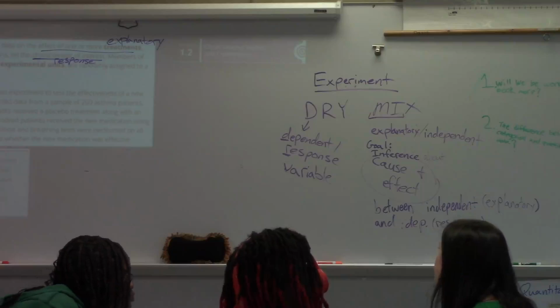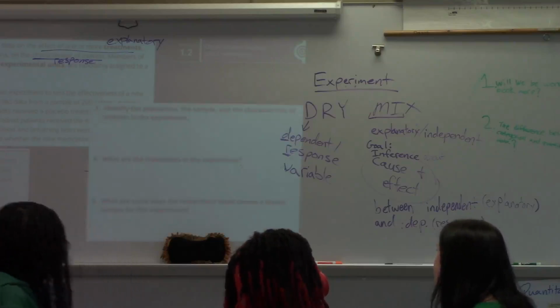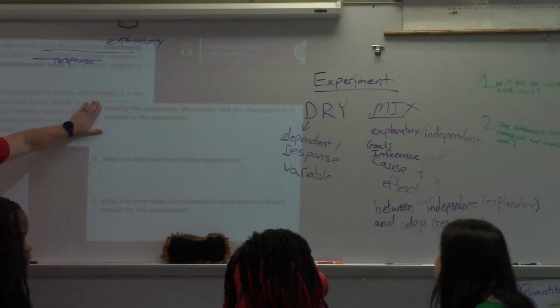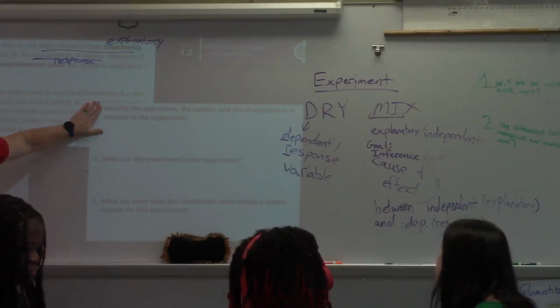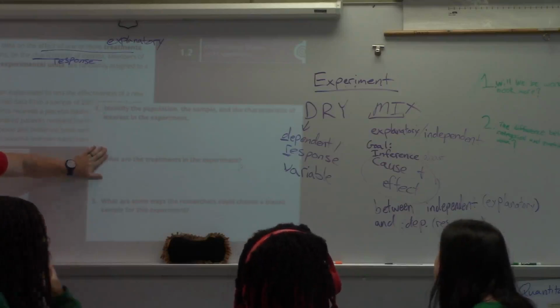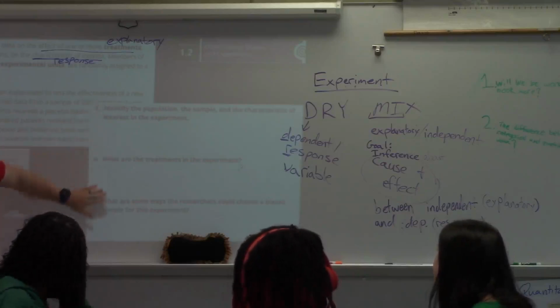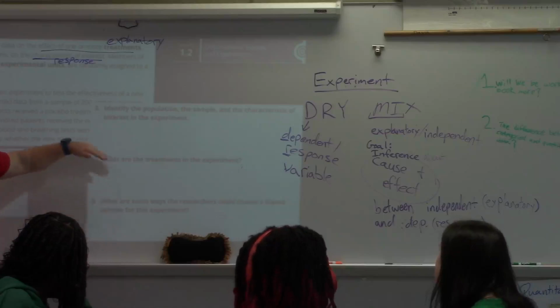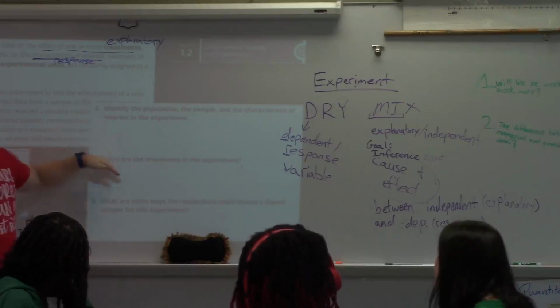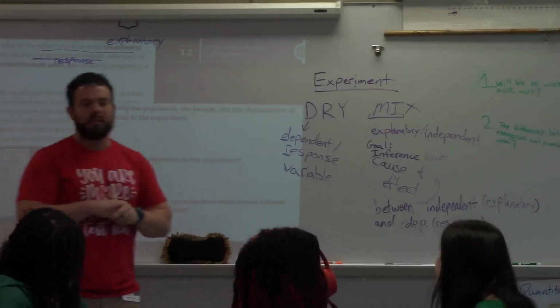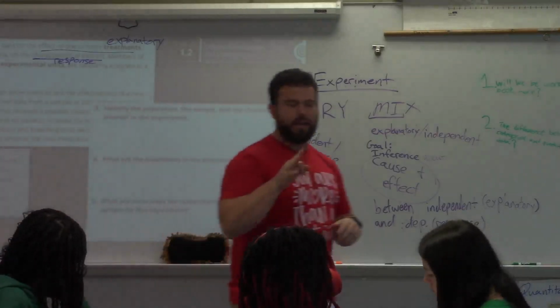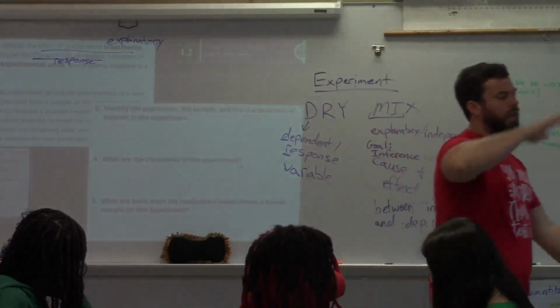And monthly blood and breathing tests were performed on all 200 patients. I want you to work with your groups to identify the population, sample, and characteristic of interest in the experiment and the treatments in the experiment. And then don't worry about number 5. So you're only doing which numbers? 3 and 4. So let's analyze that study design, 5 minutes, answering 3 and 4. And go.